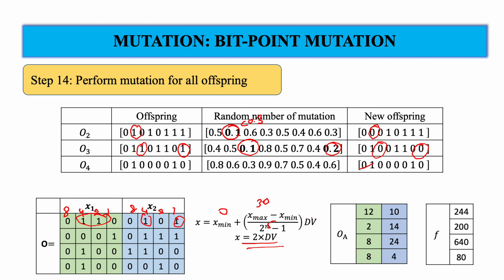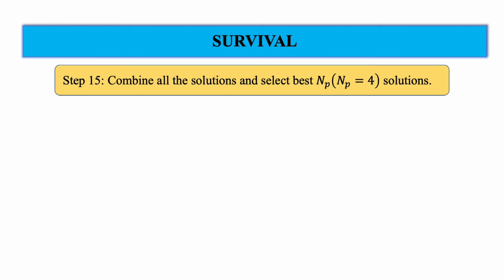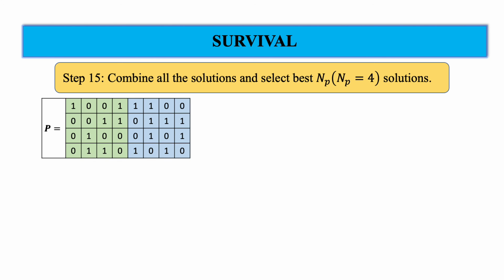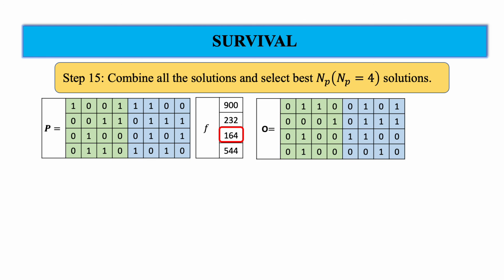So we now have the initial population and our offspring. In the last step we are going to combine all the solutions and select the best 4 of them. This is our initial population and its fitness value, and this is the current offspring and its fitness value.